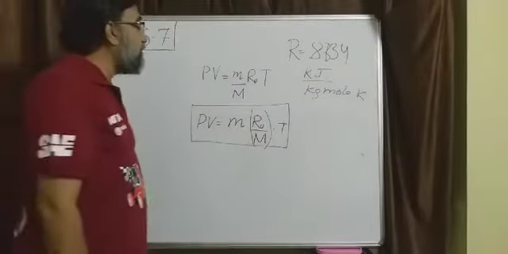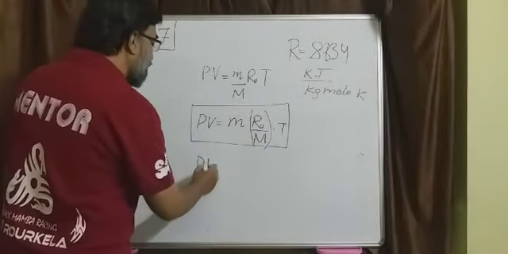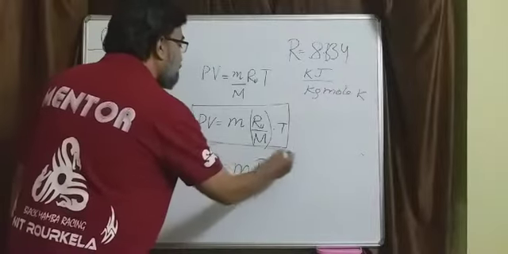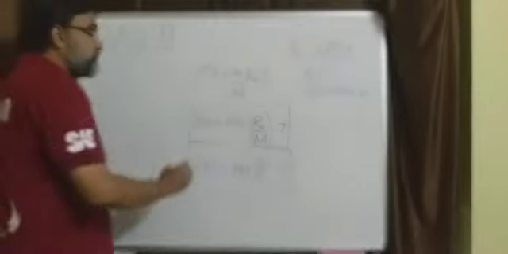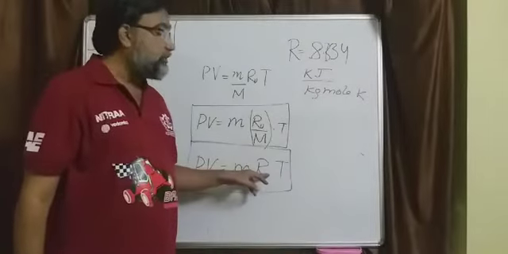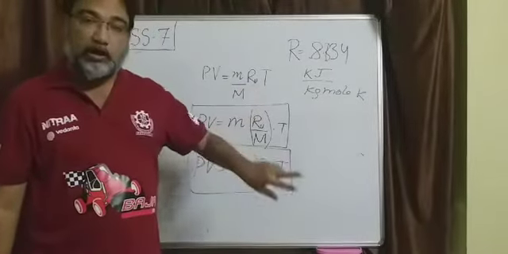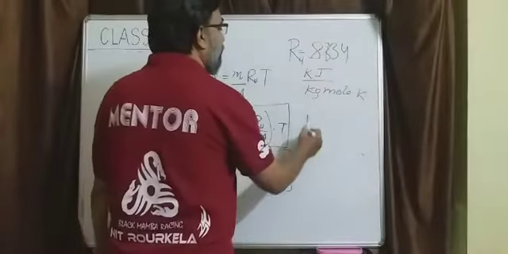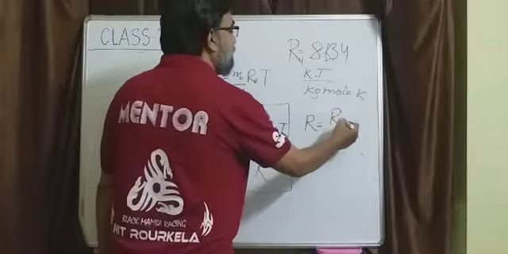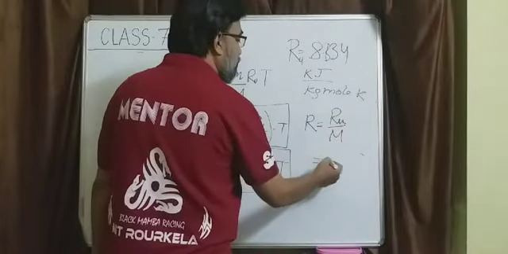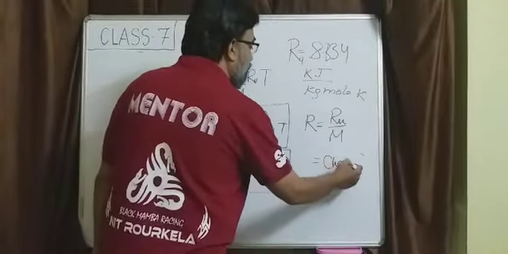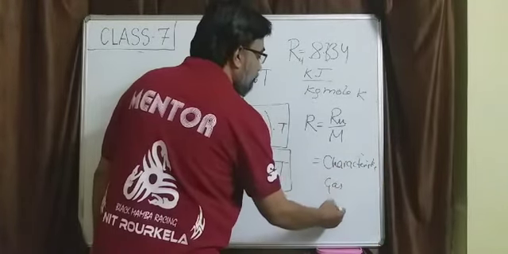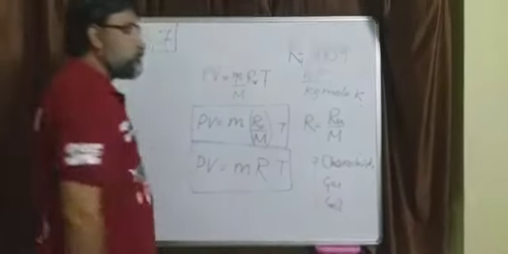So here if you divide it by molecular weight and name it differently, then this is equal to PV is equal to mRT, where this R is not universal gas constant, rather this R is the universal gas constant divided by the molecular weight of that particular gas, and that is called specific gas constant or characteristic gas constant.